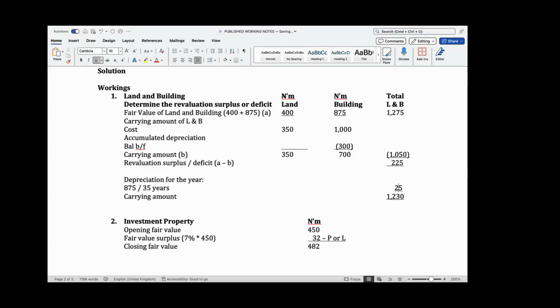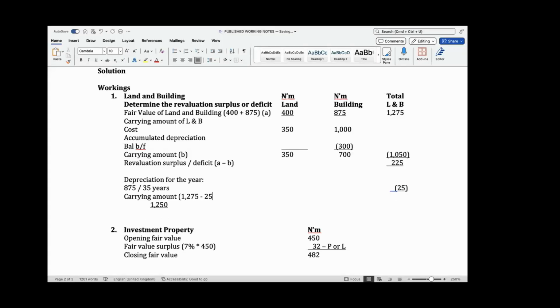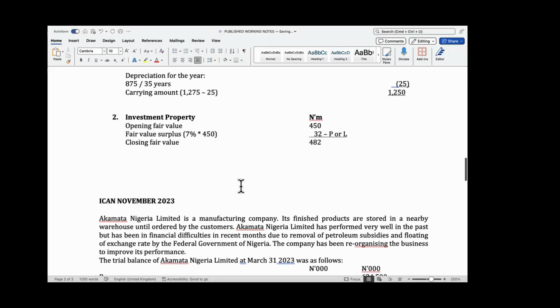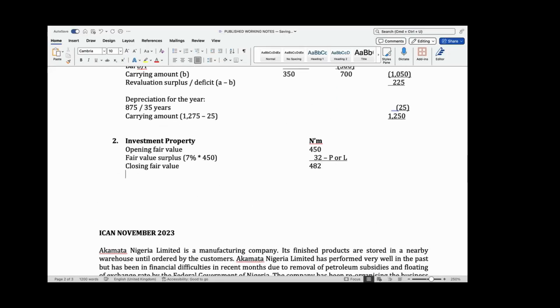So this would be 1250. Let me put it in bracket for you. This is 1275 minus 25. It's 1250. So the third workings.